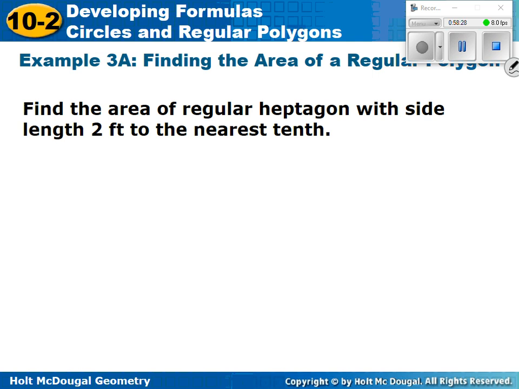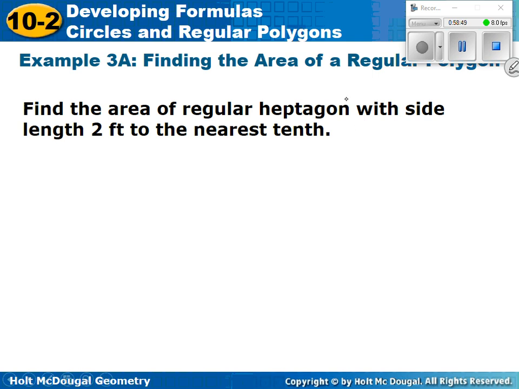If you can't find the area of one heptagon, you sure can't find the area of a heptagonal prism. And you're going to have problems like that in Chapter 11. It is not going to get easier. You can't just go, oh, I don't get this. It's one thing. I'll just not worry about it. You have to get it. So if you're not following, ask questions, come in, but this is vital to be successful, okay?